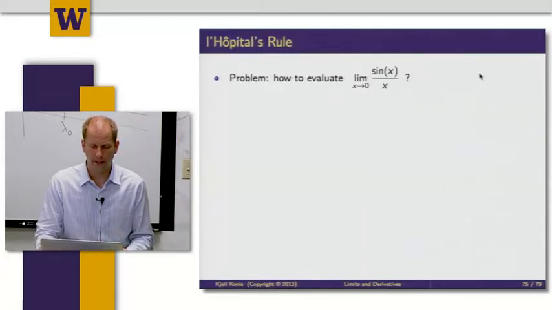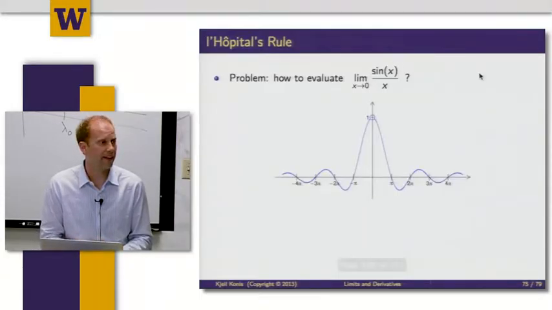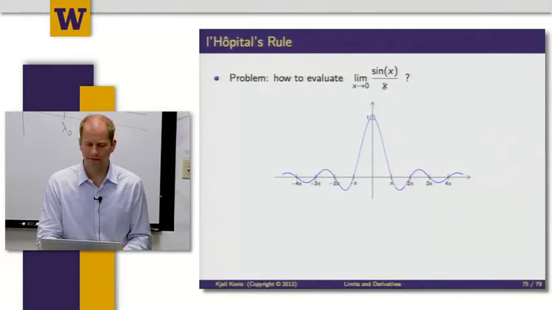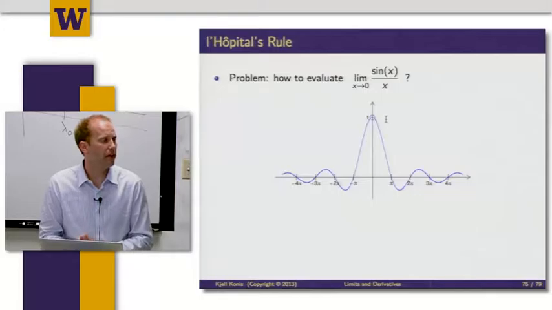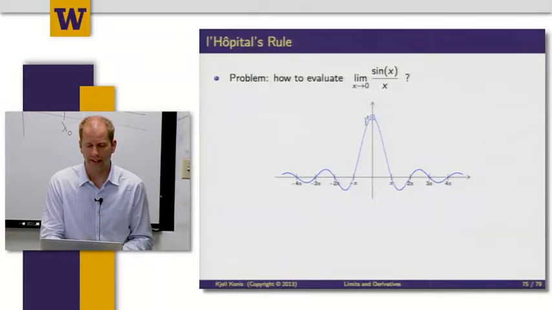But if you plot this thing, it looks like this. So it looks like it's very well defined, except if I plug in the number 0, I get an undefined quantity at exactly 0. But any positive number or any negative number, it's well defined, and it looks like this.